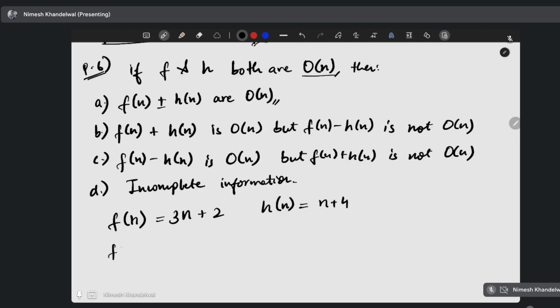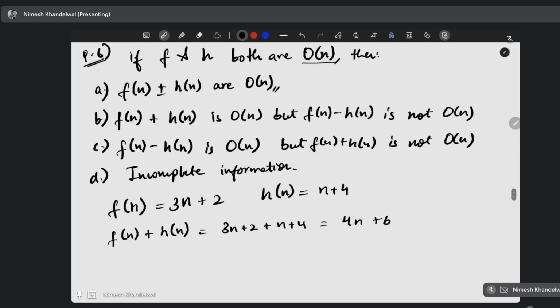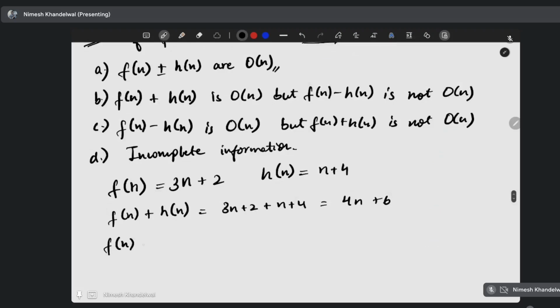Let's add them. So this becomes 3n plus 2 plus n plus 4, which is 4n plus 6. And if we subtract them, then it is 2n minus 2.